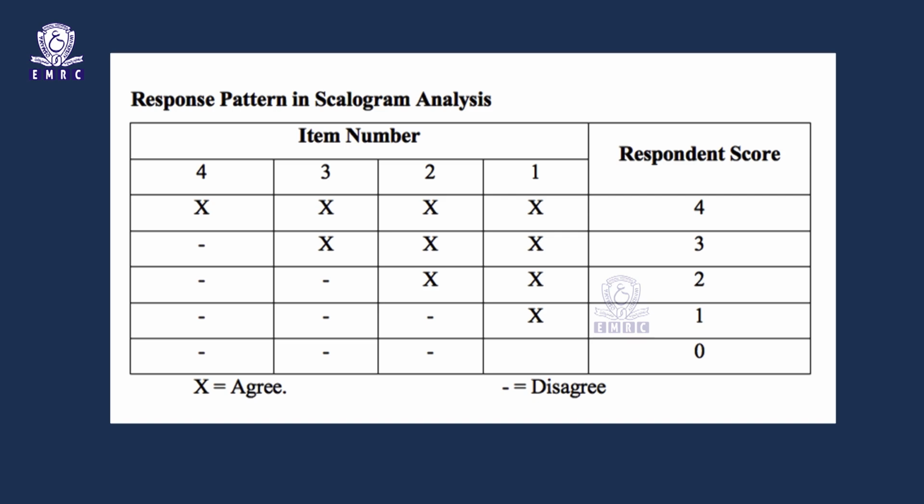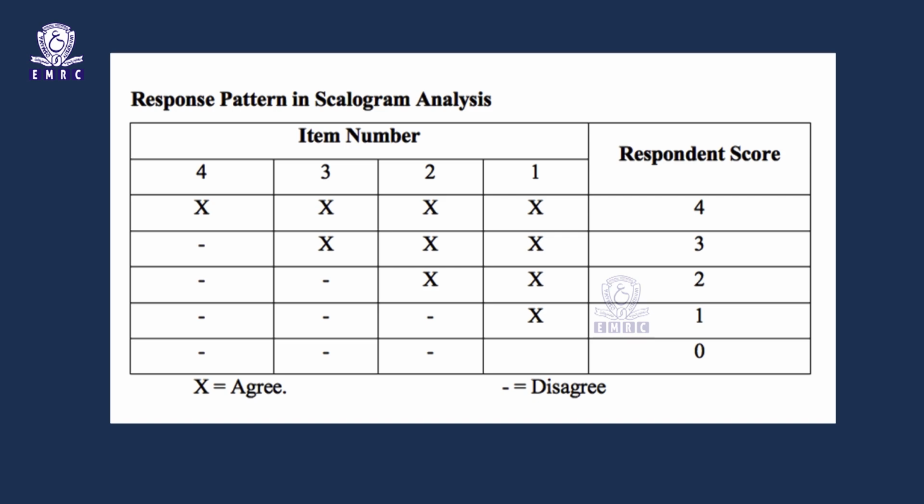The respondent may be disagreeing with item number 4 and 3, but he may be agreeing with 2. So, obviously, he will be also agreeing with item number 1. So, his score will be 2. And the respondent may disagree with all the 3 items and he will be agreeing only with item number 1. So, his score will be only 1.